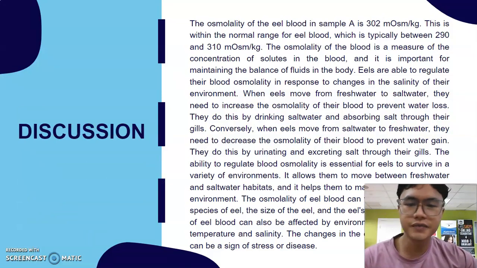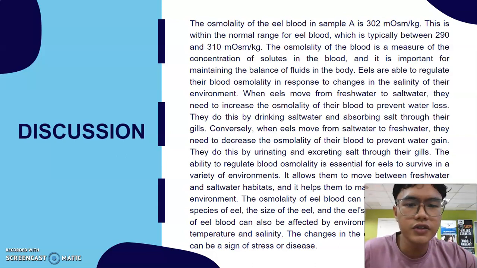For the discussion, the osmolality of the eel blood in sample A is 302 kg. This is within the normal range for eel blood, which is typically between 290 and 310. The osmolality of the blood is a measure of the concentration of solids in the blood, and it is important for maintaining the balance of fluids in the body.